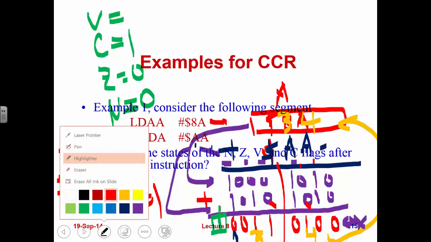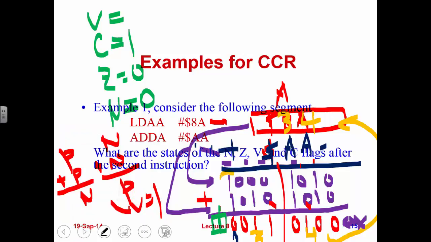So this next number is 1. If we consider this is a signed number, it's a negative number. No problem. Same thing for the second number. The leftmost bit here is 1. That means this number is negative. Now we are adding 2 negative numbers. Okay, so we come to this case.